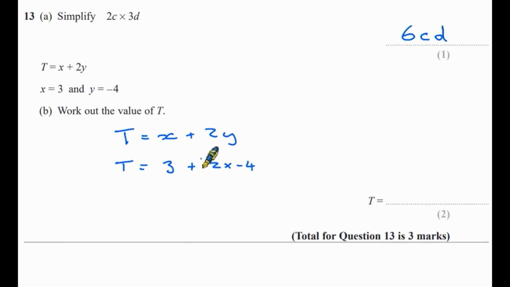Using BIDMAS, this bit first, 2 multiplied by minus 4 is minus 8. So we've got 3 plus minus 8. That simply means 3 minus 8, which is minus 5.